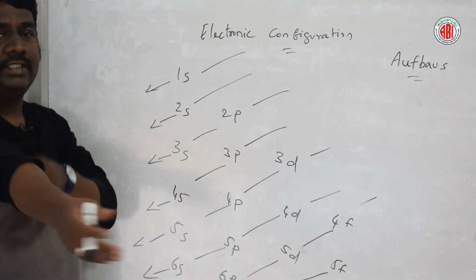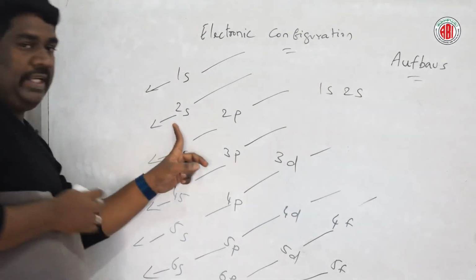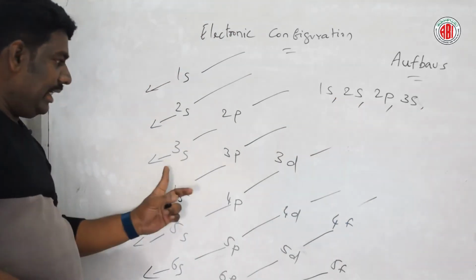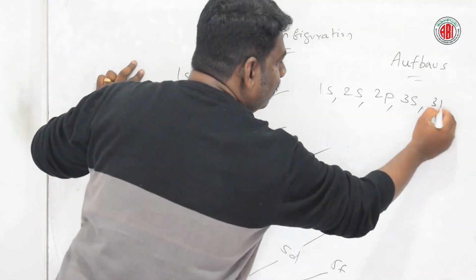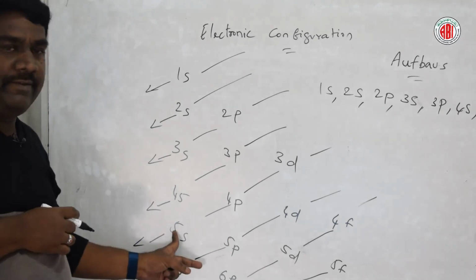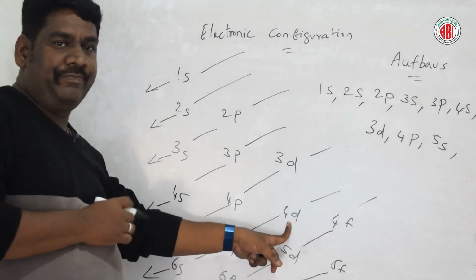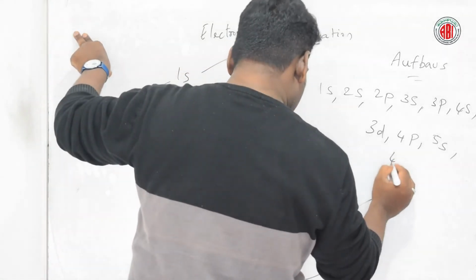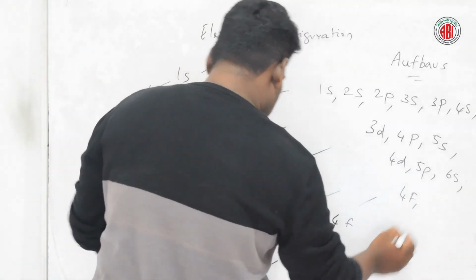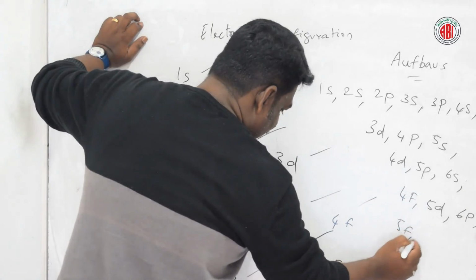Let us write it: 1s, followed by 2s, and 2s followed by 2p and 3s, and 3s followed by 3p and 4s, and 4s followed by 3d, 3d followed by 4p, 4p followed by 5s, and 5s followed by 4d, 5p and 6s, and 6s followed by 4f, 5d, 6p and 7s, and 7s followed by 5f, 6d and 7p.